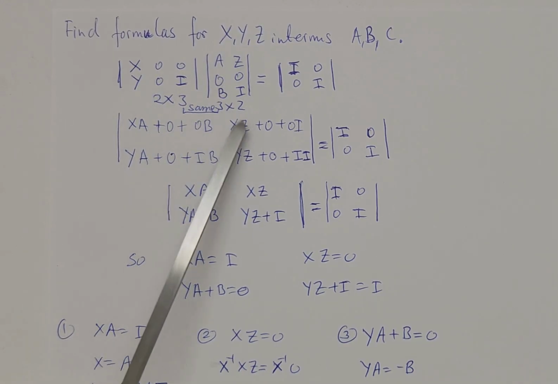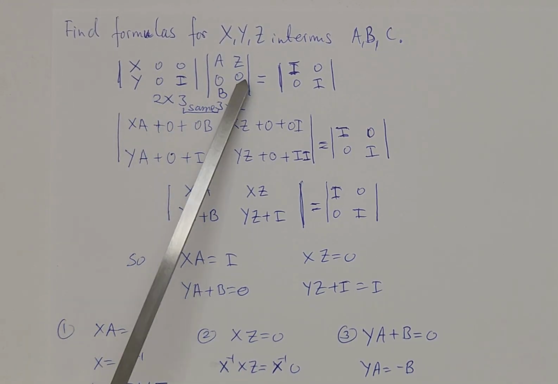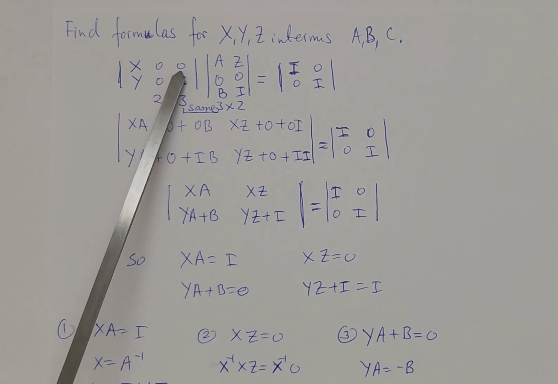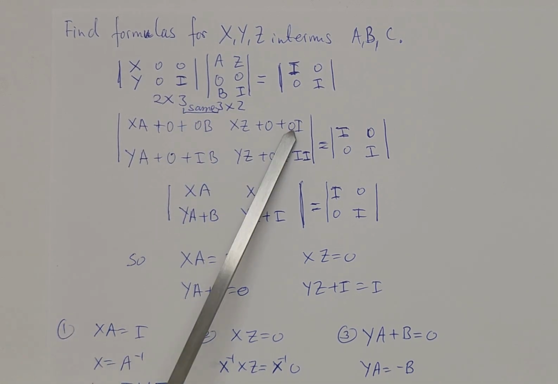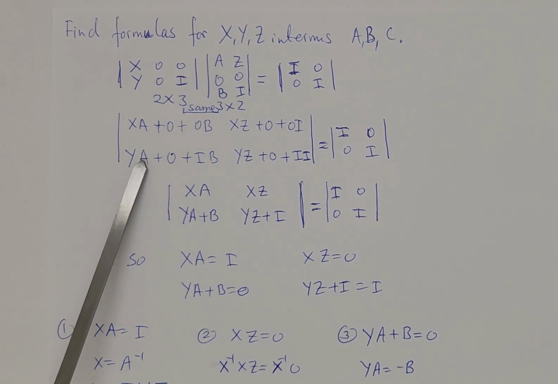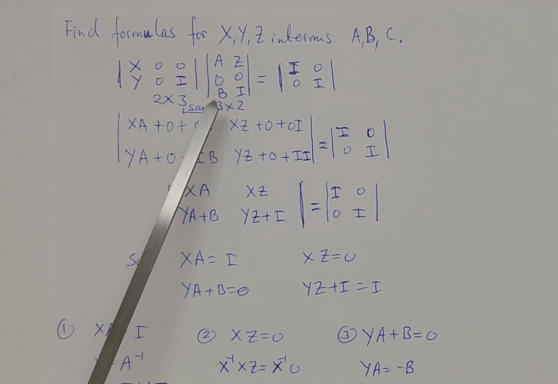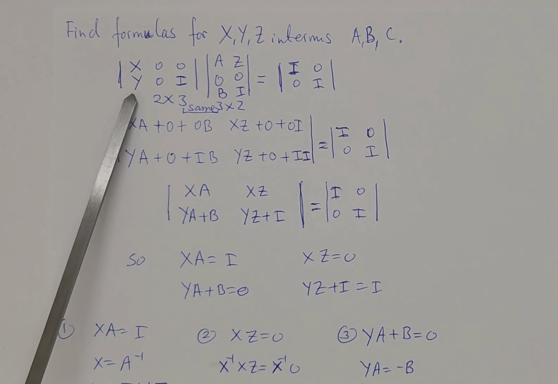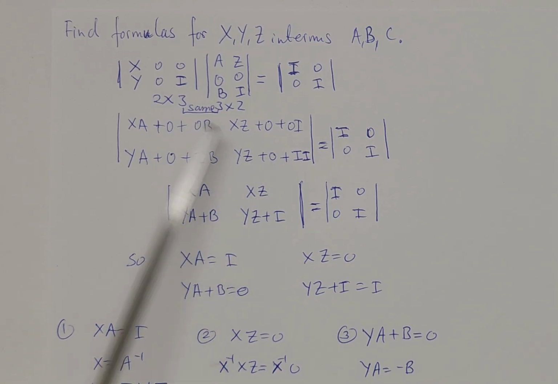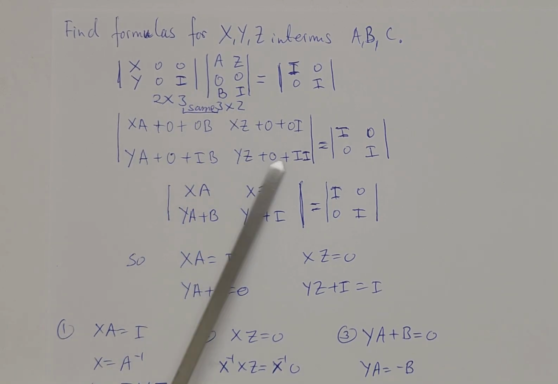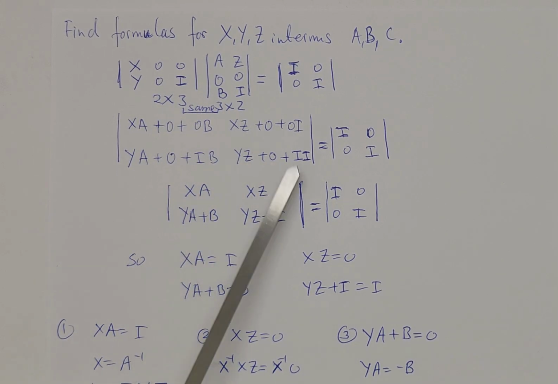Next, x times z plus 0 times 0 plus 0 times I. Next, y times a plus 0 times 0, plus I times b. Next, y times z plus 0 times 0 plus I times I.